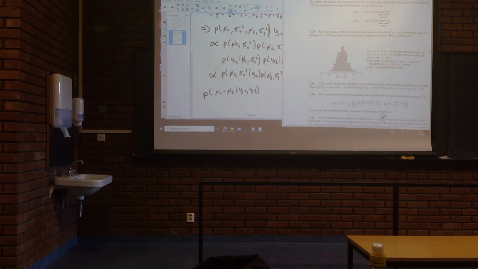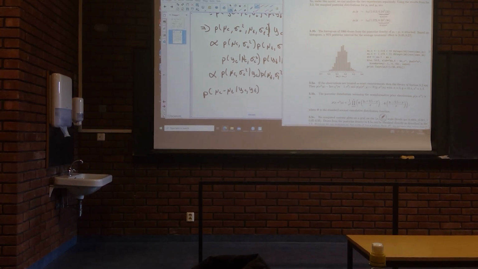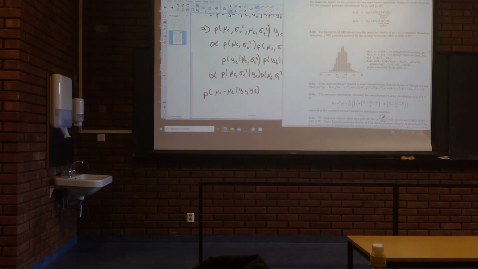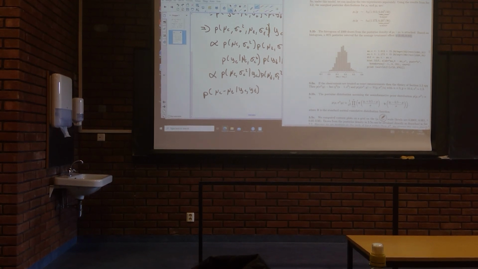So this can be obtained by sorting first and then taking the 25th observation, and then the similar one at the other tail. And then we obtain an interval that goes from 0.05 to 0.27, which does not include 0, which means that we are quite certain that the difference is different from 0.